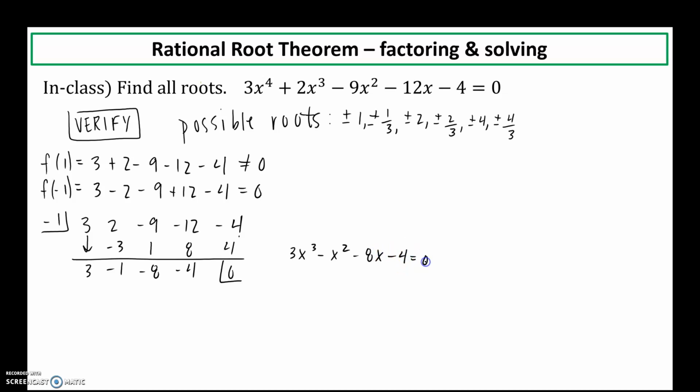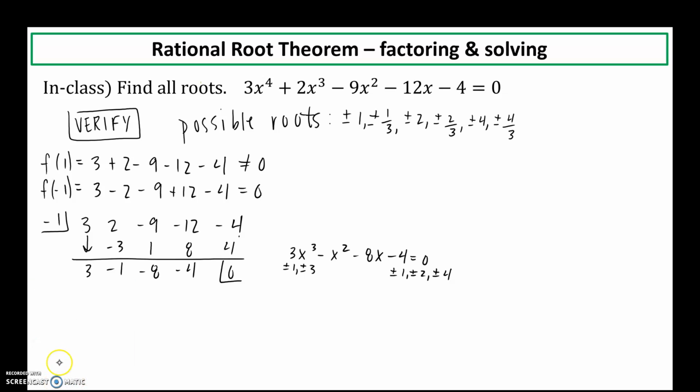Now, if you were to stop here, you would have to be able to factor that as it is. You cannot factor by grouping, or you have to go back through finding all the possible rational roots. So back again, 1, 2, and 4, plus or minus 1, plus or minus 3, and you have to go back through the whole rigmarole of plugging in and finding which one gives us 0.